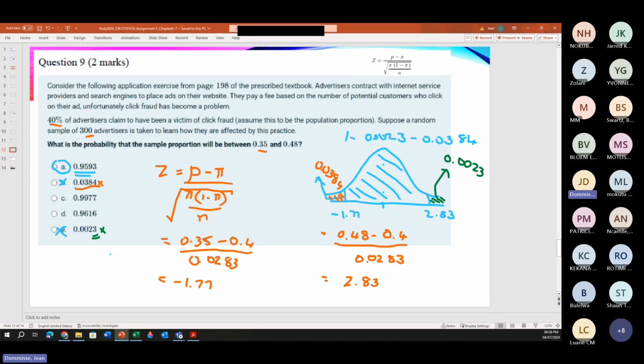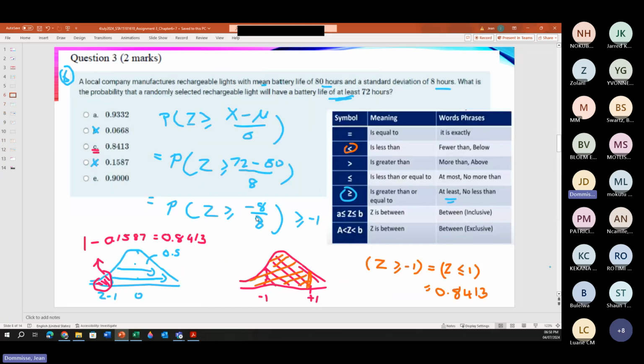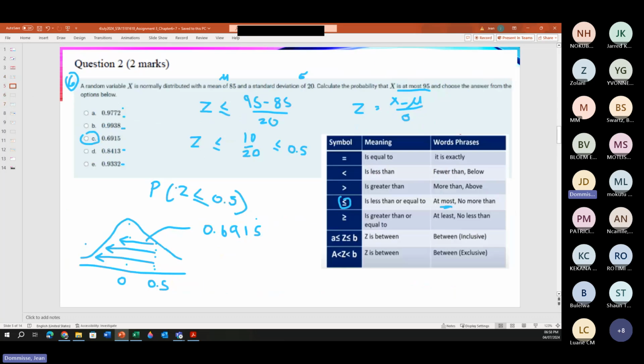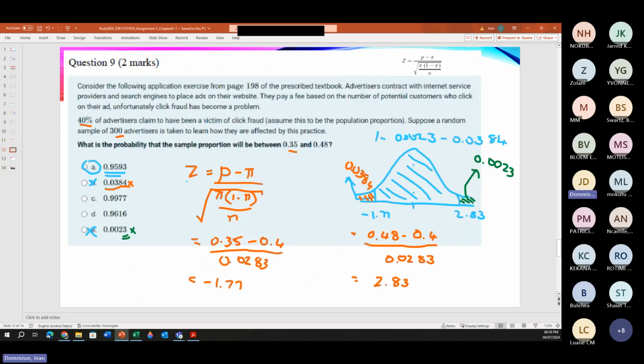It's very similar to the one that we did earlier, where you needed to get the area between two values and look at certain things. If you set 1 minus 0.0384, there's that answer. If you set 1 minus 0.0023, there's that answer as well.